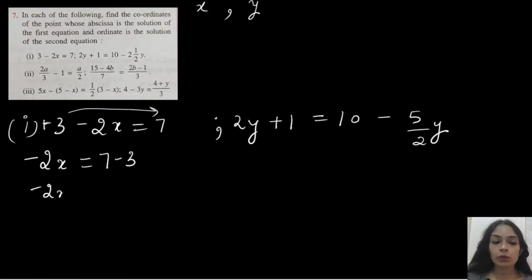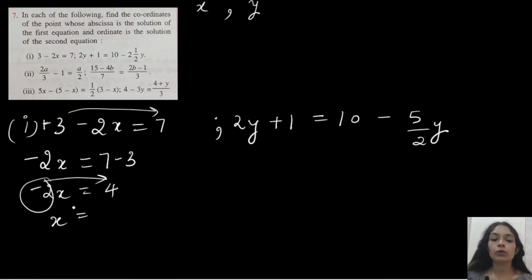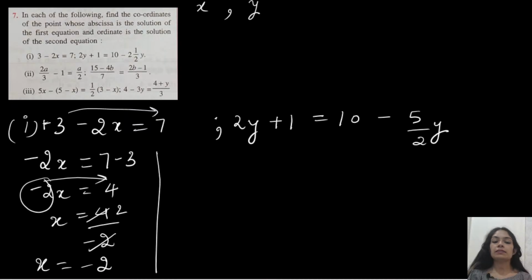So negative 2x is equal to 4. For x, this 2 we will also shift to the other side. Here it is getting multiplied, so when we shift it to the other side, it will get divided. Don't change the sign; this will be minus 2 only. So after cancellation, we get x is equal to minus 2. So x means abscissa. The value of abscissa for the first one is minus 2.